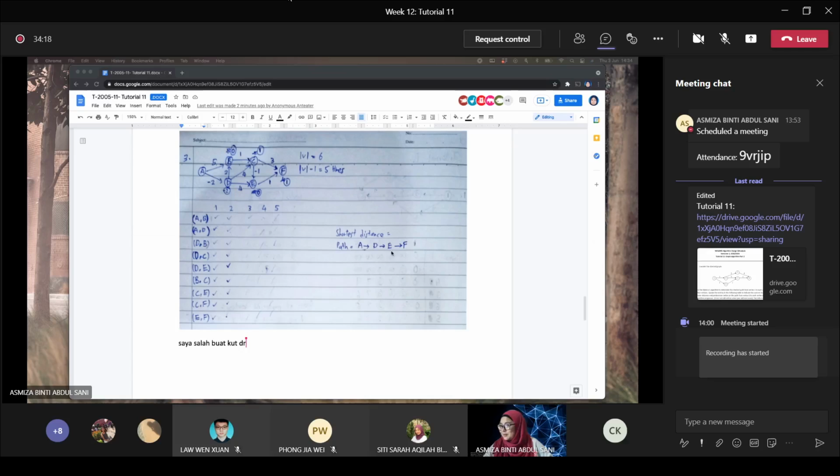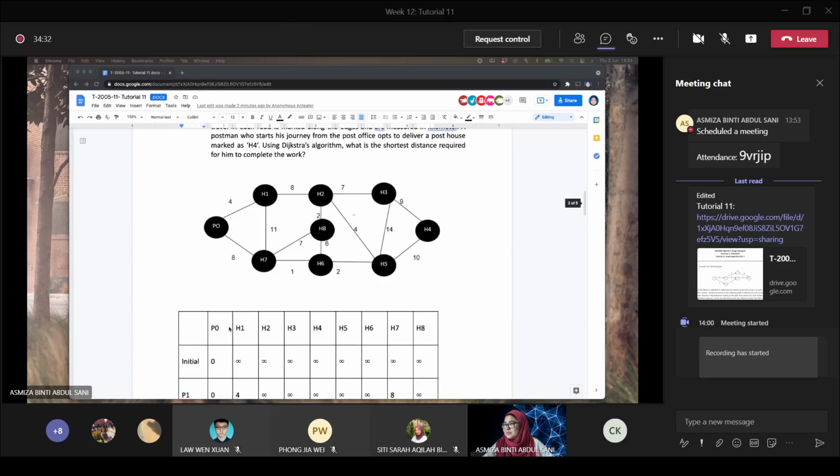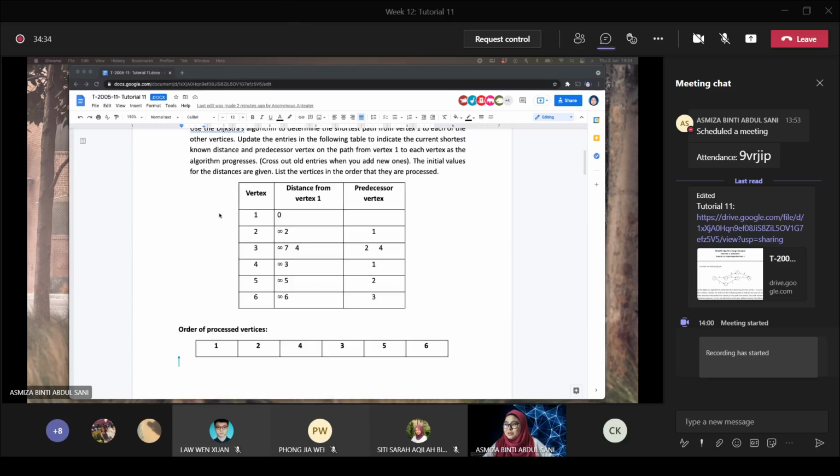It's just that you cannot get the path because you do not keep track of the predecessor vertex. So in order to know the shortest path, you need to have this table as well. You also need to construct this table when you do the relaxation.